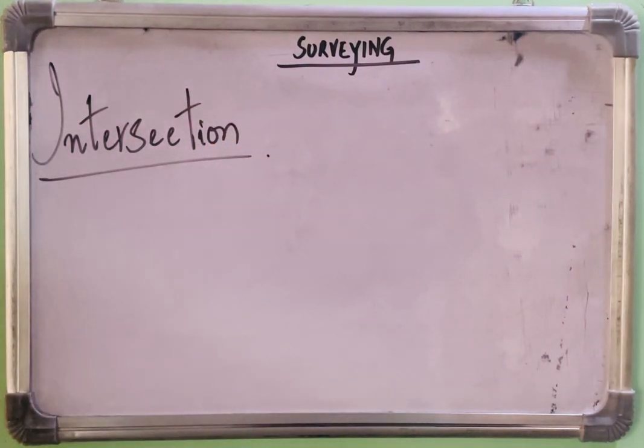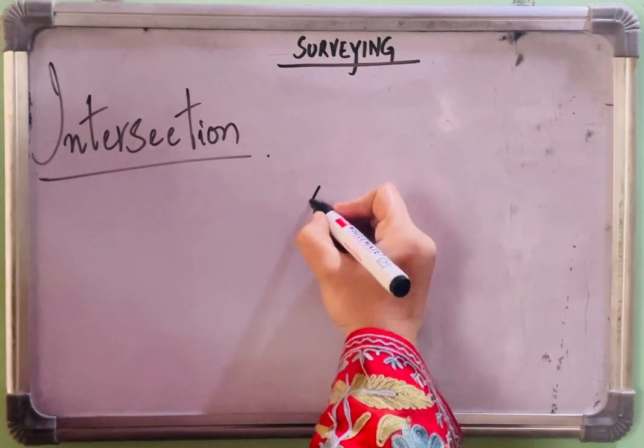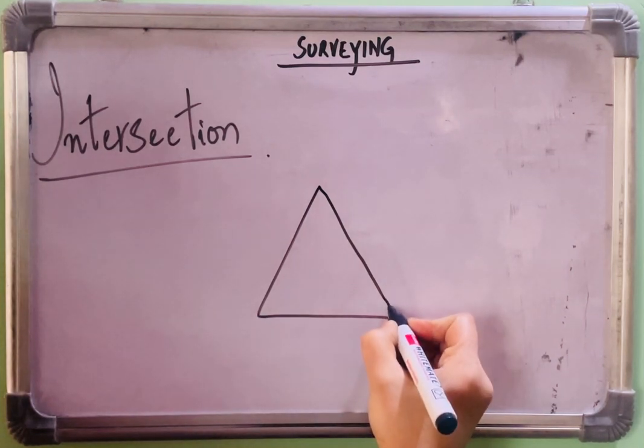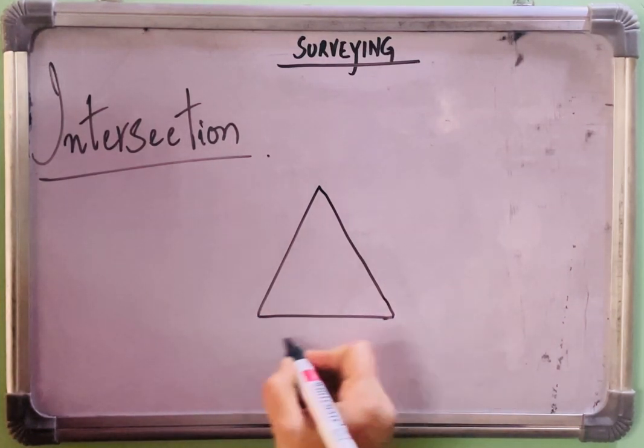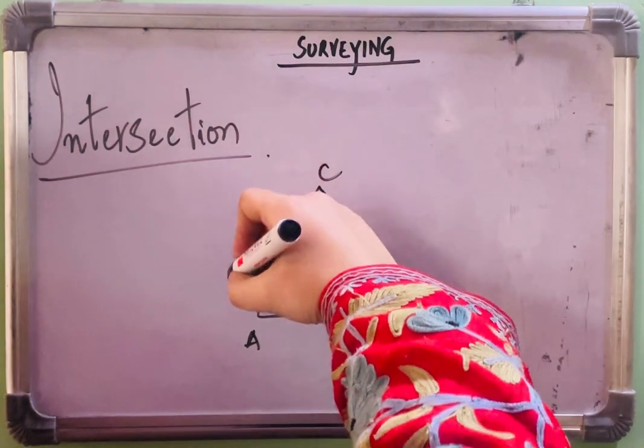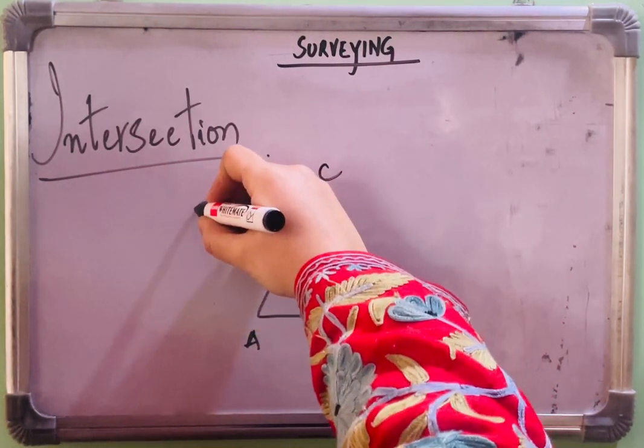Let me illustrate this with the help of a diagram. For example, this is a triangle ABC, and we have another framework of triangles.